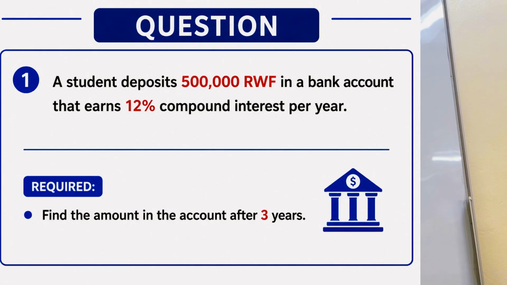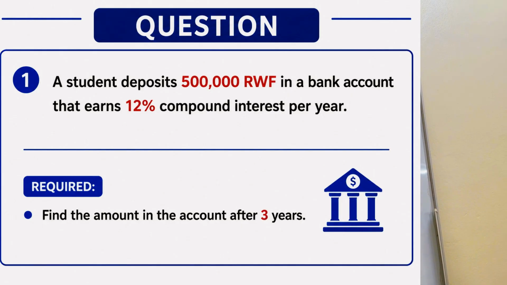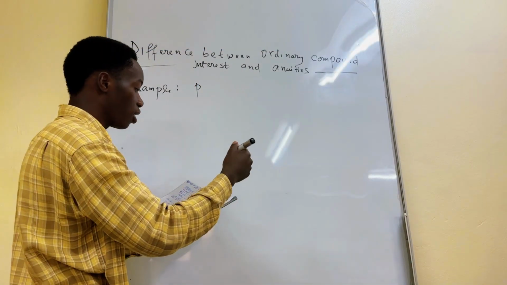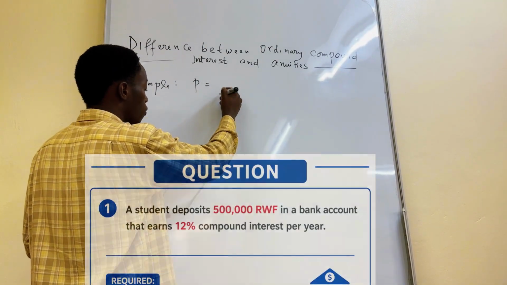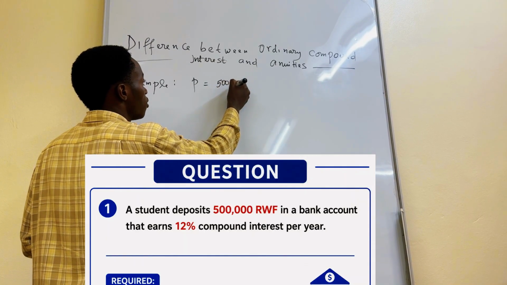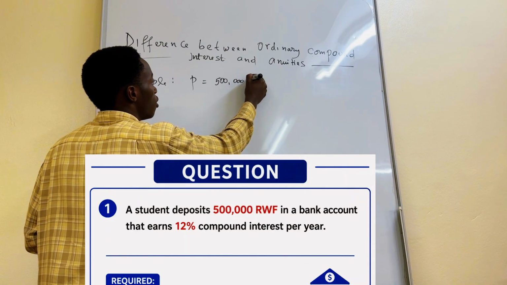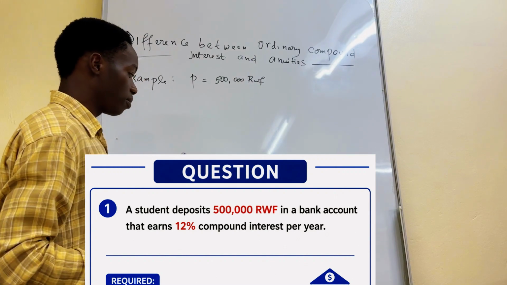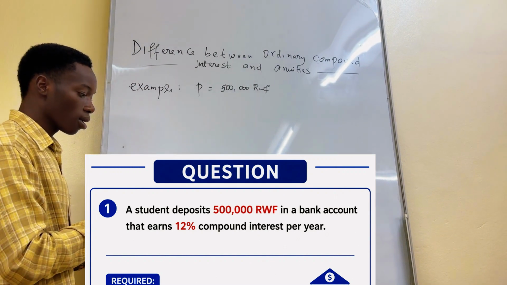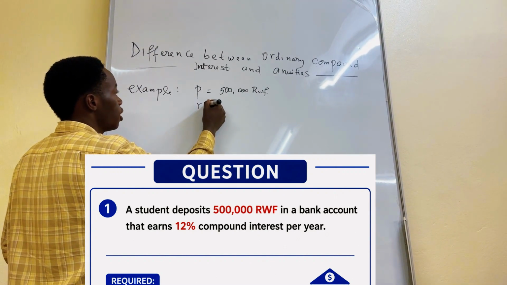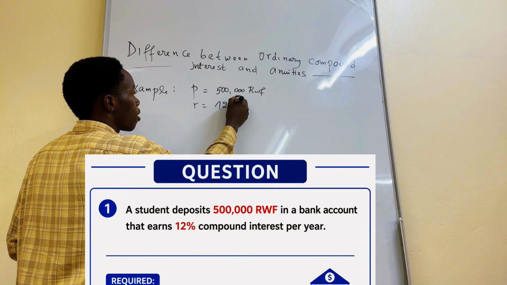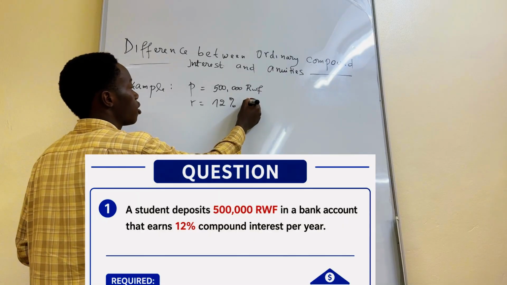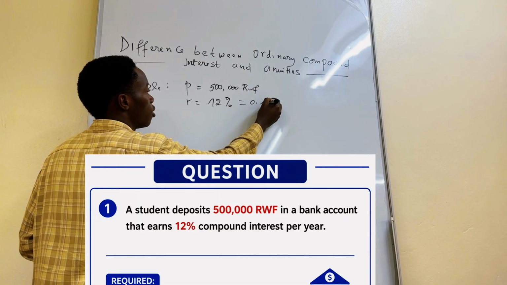Here we have P, the initial amount or principal, equal to 500,000 Rwandan francs. Our rate is equal to 12%, which is equal to 0.12.